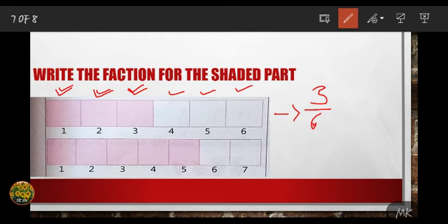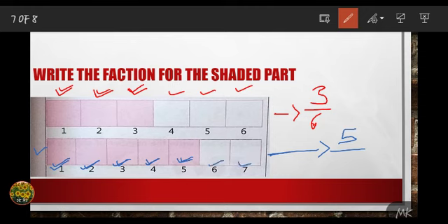Now let's have the next example. In this, what will be the fraction of the shaded part? How many shaded parts are there? 1, 2, 3, 4 and 5. 5 parts are shaded. So we will write 5 at the top. And at the bottom we have to write the total number of parts. So how many parts are there? 1, 2, 3, 4, 5, 6 and 7.